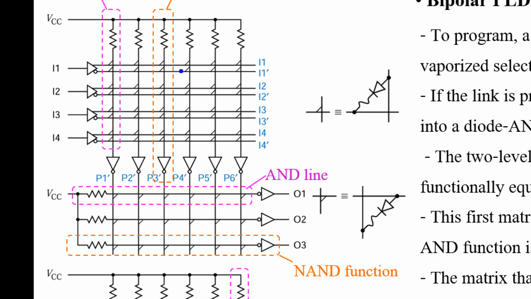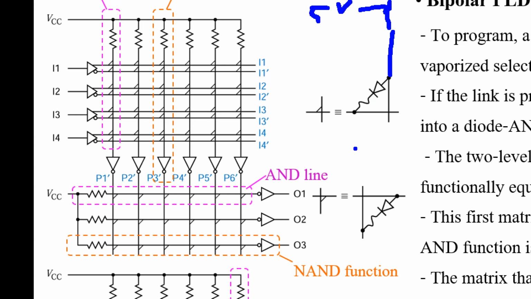So, for example, if we apply 0 here, note that this line you connect to VCC, for example maybe 5 volt. This one connects to something around 5 volt.